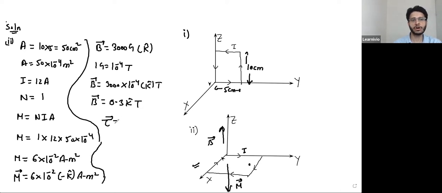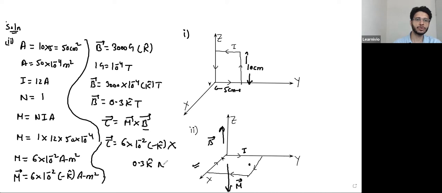If I calculate torque, then torque is M cross B. You can solve it in two ways, either by direct cross product or you can use MB sine theta. I'm using direct cross product. So this is 6 into 10 raised to the power minus 2 minus k cap cross B, which is 0.3 k cap Newton meter.